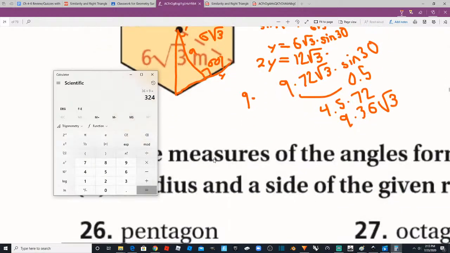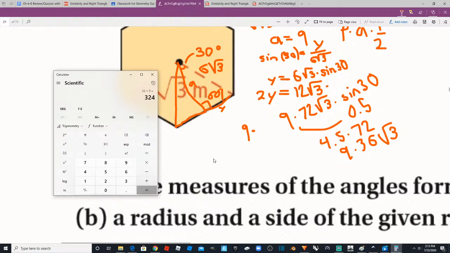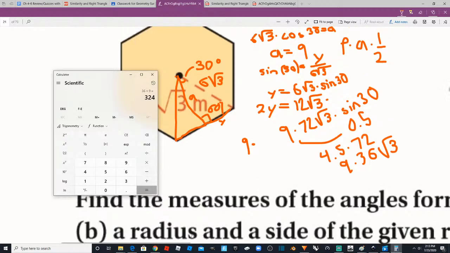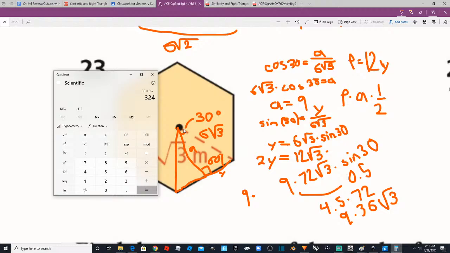Six root three. That's 30. The sine of 30 would be y divided by hypotenuse. Y times 6 root 3 times sine of 30 should be times 1/2. This should be times y equals.